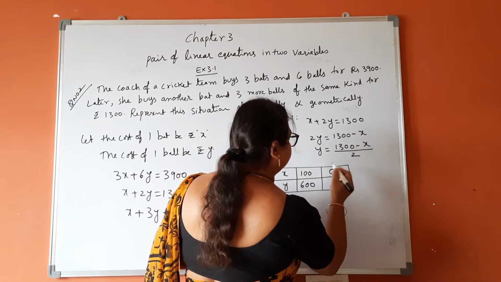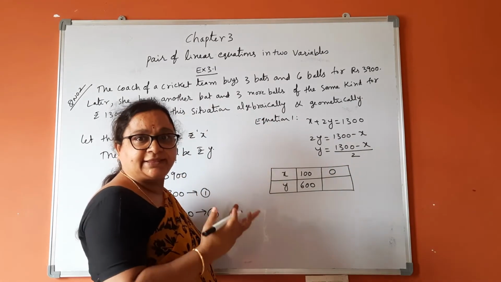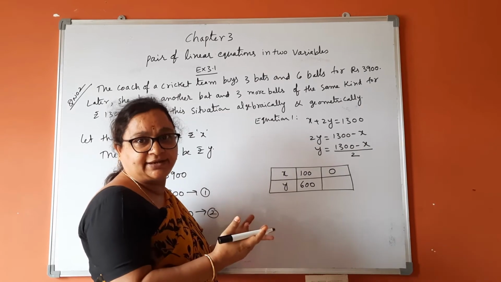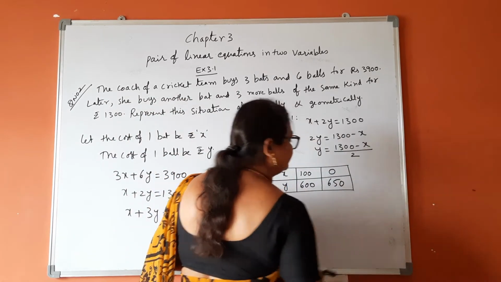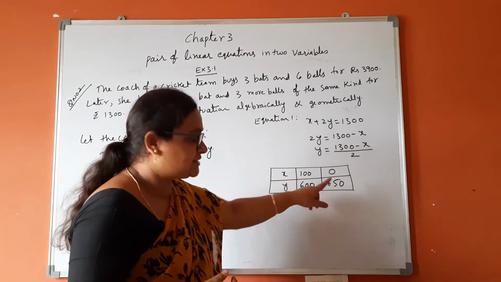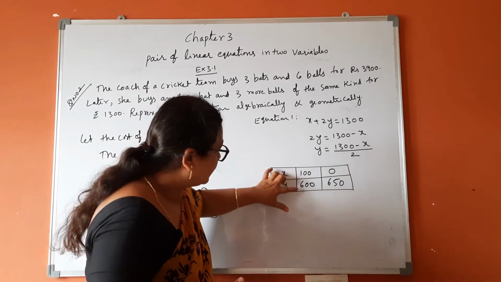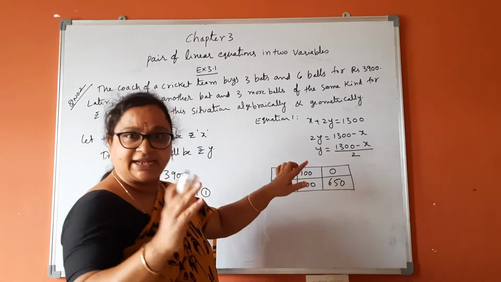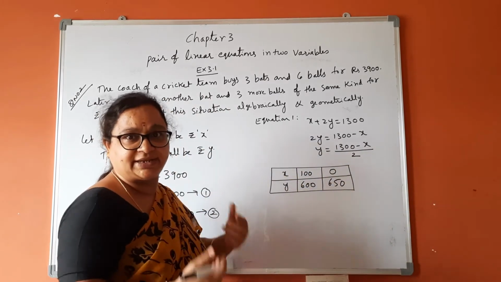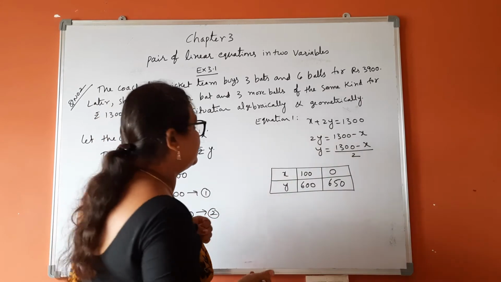If x is 0, 1300 minus 0 is 1300, 1300 by 2 is 650. We got two solution sets. 100, 600 is one solution set. 0, 650 is another solution set, so that we can represent it on the graph sheet.